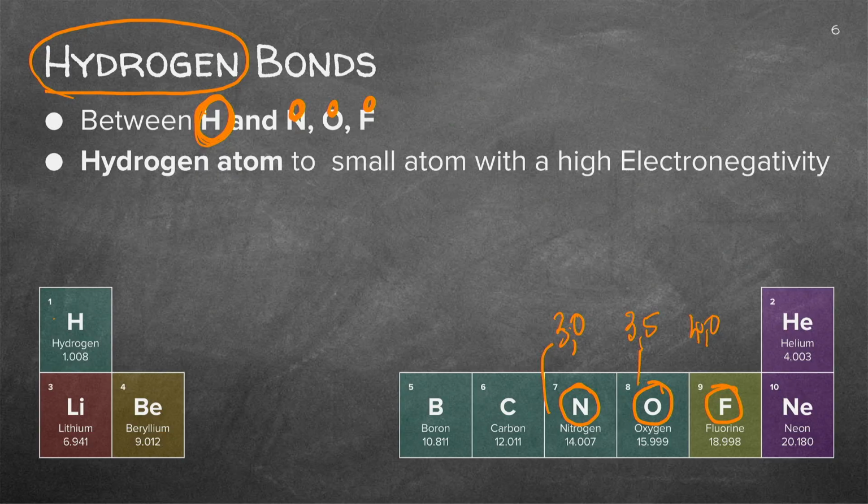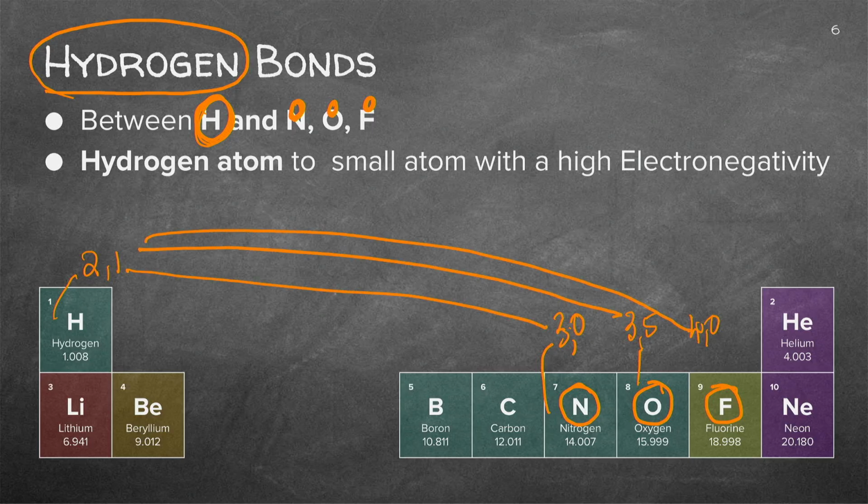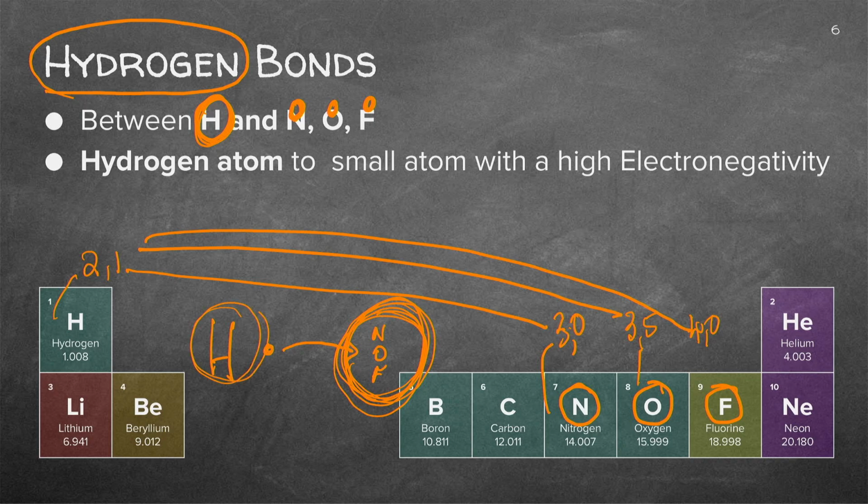Now, in terms of hydrogen, which is 2.1, you can see there's a huge difference between the electronegativity. So what happens, that 1 electron of the hydrogen will be inclined to orbit around either nitrogen or oxygen or fluorine much more than it will orbit around the hydrogen.